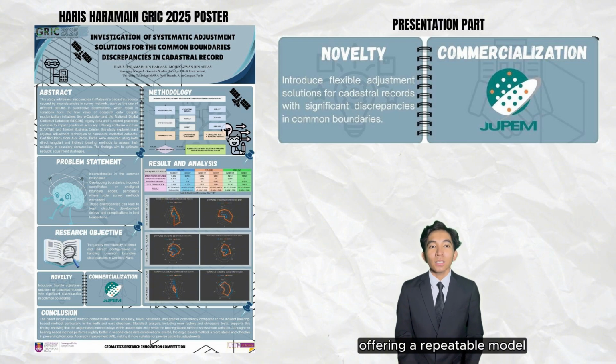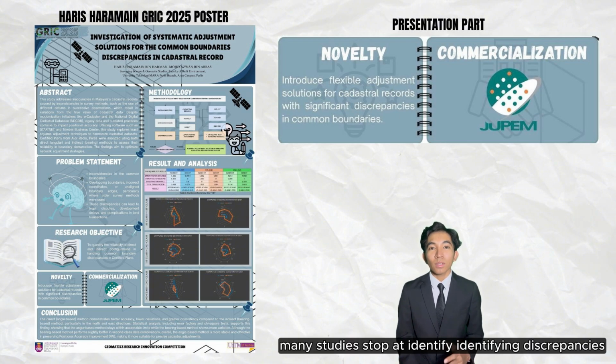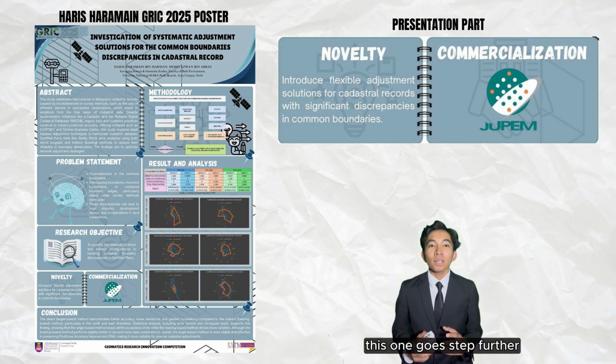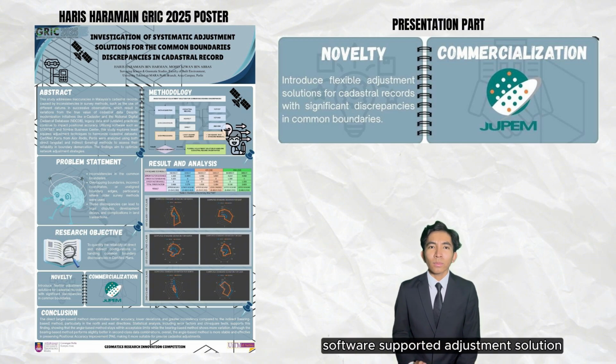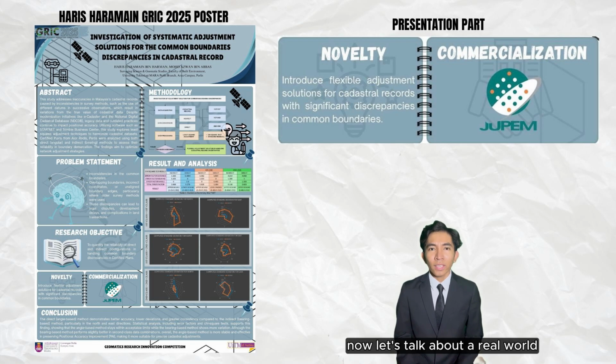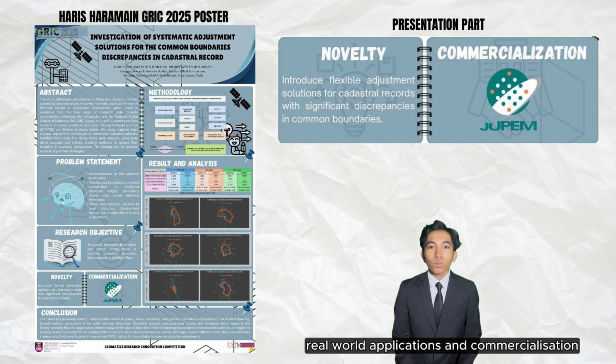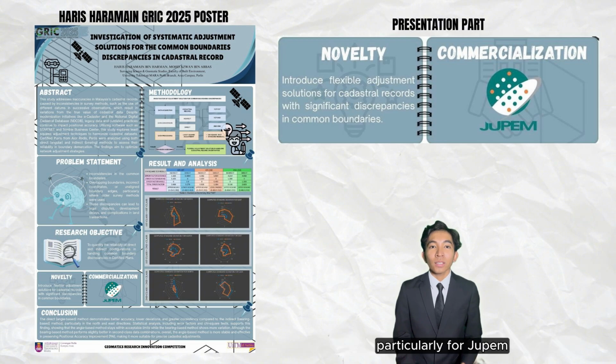The third is, it shows how this result can be replicated in other districts with legacy cadastral issues, offering a repeatable model. Many studies stop at identifying discrepancies. This one goes a step further and proposes a tested, software-supported adjustment solution.